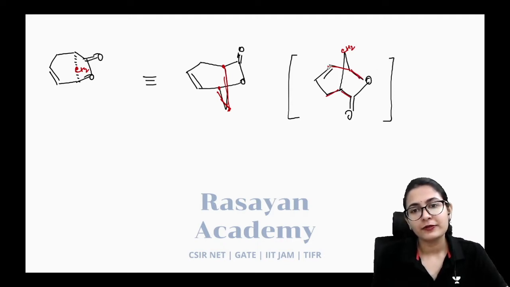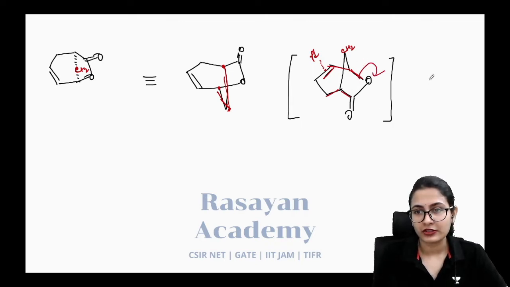So, first of all, the palladium is going to coordinate to the double bond, and then the bond opens from here, so that you can get the acetate free, and you are going to get a pi allyl complex.